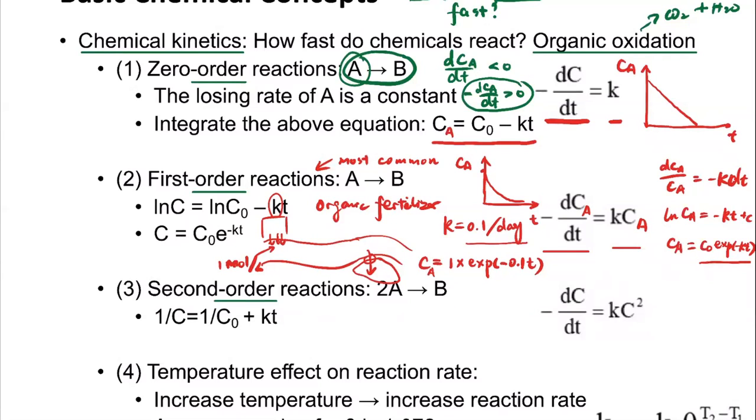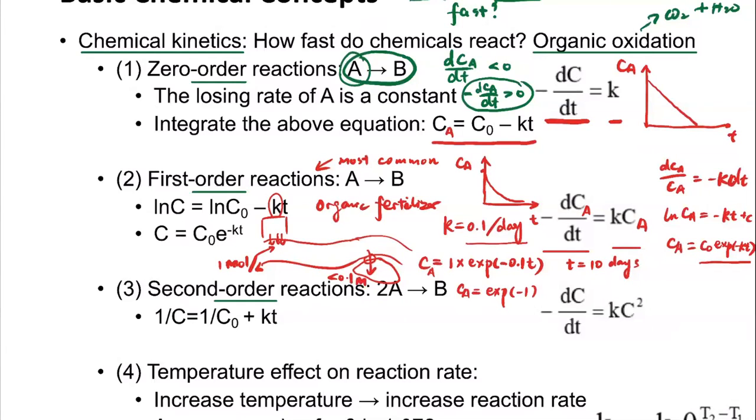Then we can know, let's say for simplicity, after t equal to 10 days, the concentration of CA is going to be just exponential of -1. So the concentration decreased, right? Then we can put in these standards. Let's say in St. Louis, we want the concentration of this organic fertilizer to be below 0.1 M.